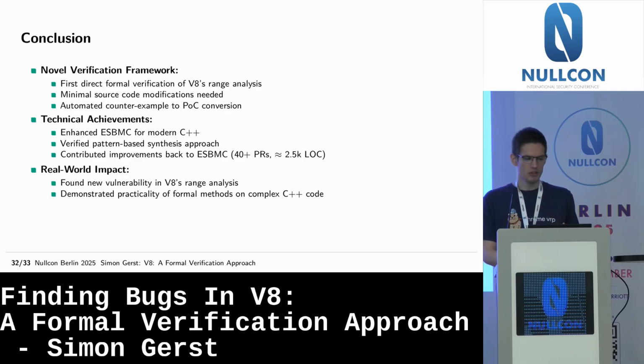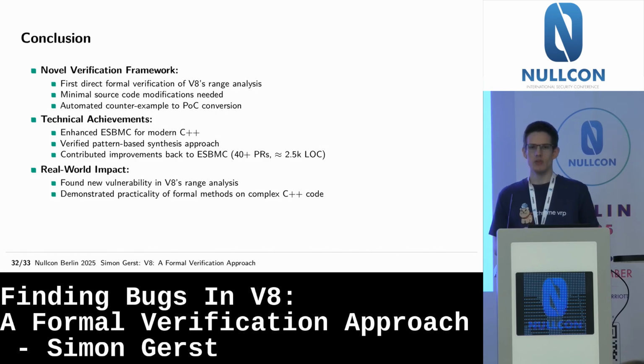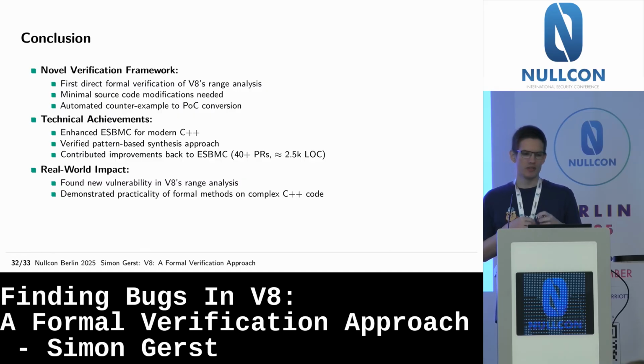And as for the real-world impact, I found a new bug in V8 range analysis, and I demonstrated that it's indeed practical to use formal methods on complex C++ code. Now, again, formal verification or model checking is not a magic tool which you can just throw at your problem.